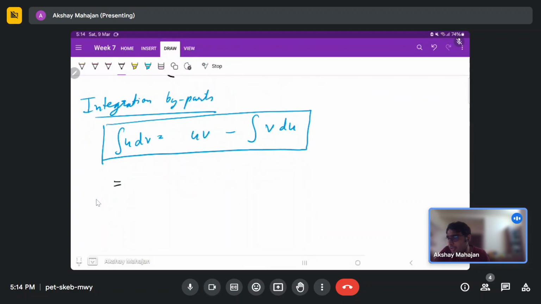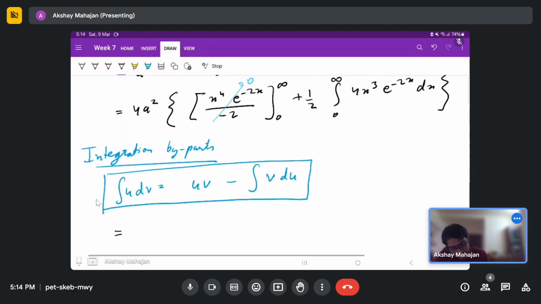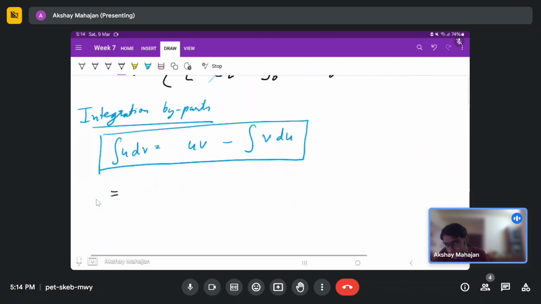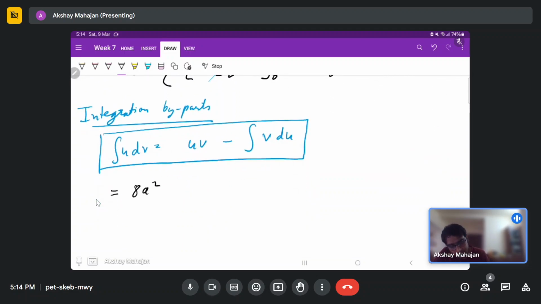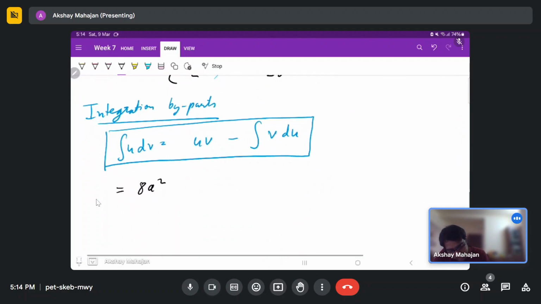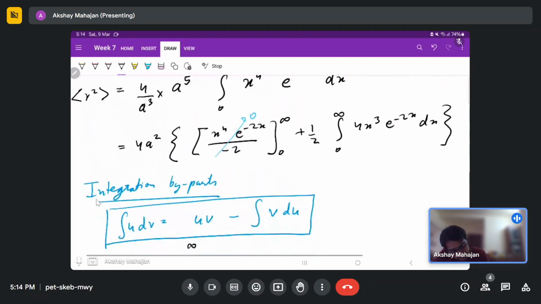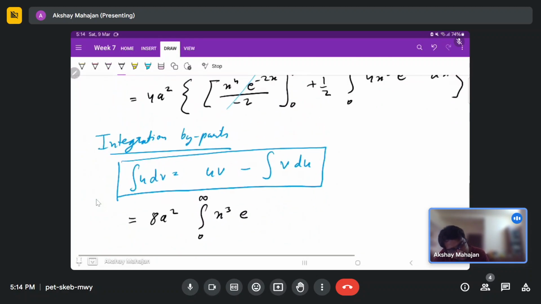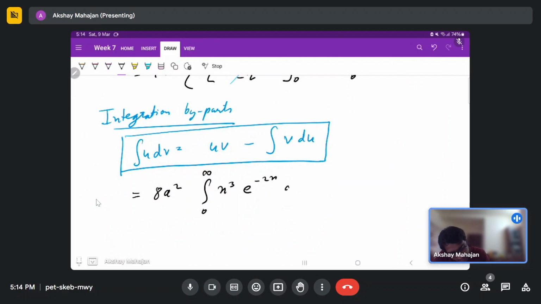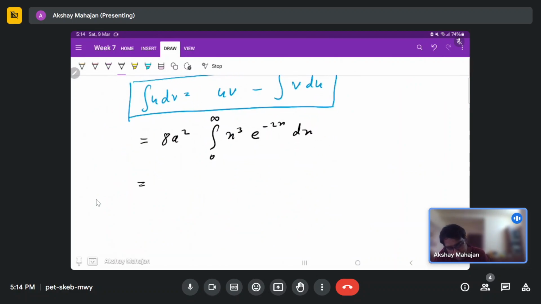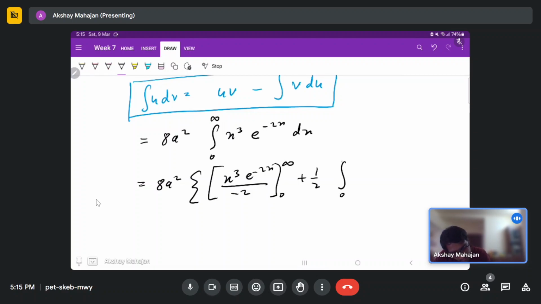So from here I will get 8a square, and then the integration from 0 to infinity of 4x cube times e to the power minus 2x dx, and again we have to use integration by parts. That gives x cube e to the power minus 2x by minus 2 from 0 to infinity plus half the integration from 0 to infinity of 3x square e to the power minus 2x dx.